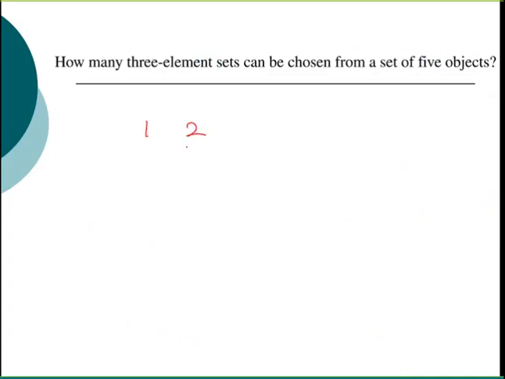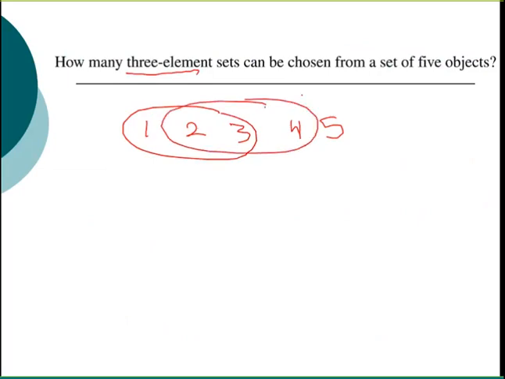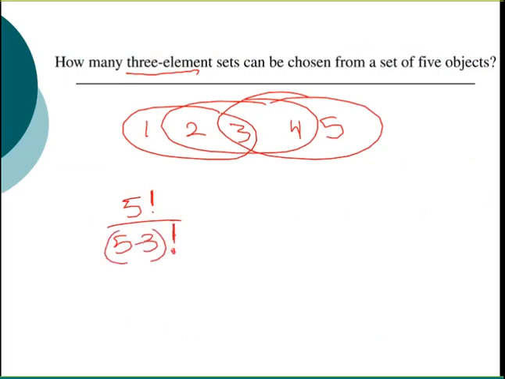So basically I got 1, 2, 3, 4, 5. The situation is I want to say, all right, how many groups of 3 can I make? Well, I can make one group here, make another group. You can just keep circling and figure it out. But the short way of doing it is just 5 factorial over 5 minus 3 factorial times another 3 factorial.